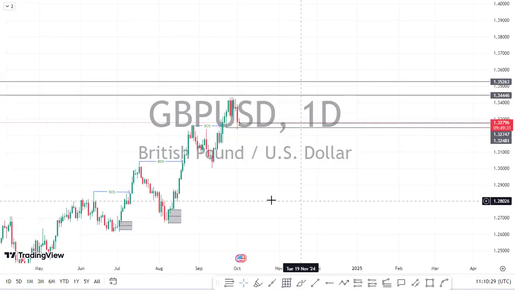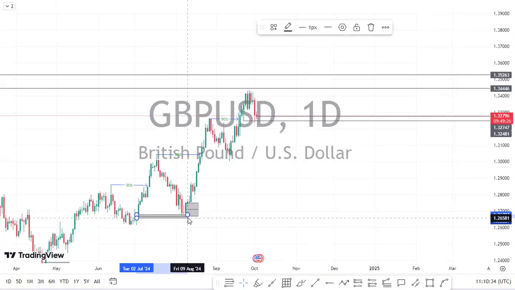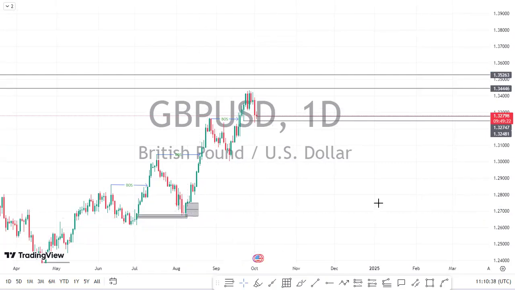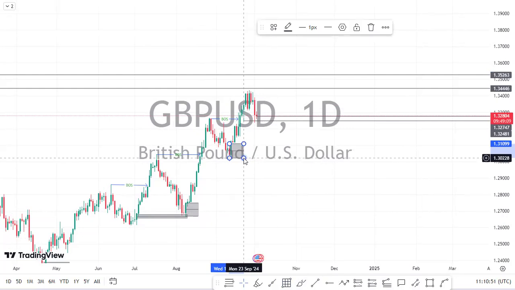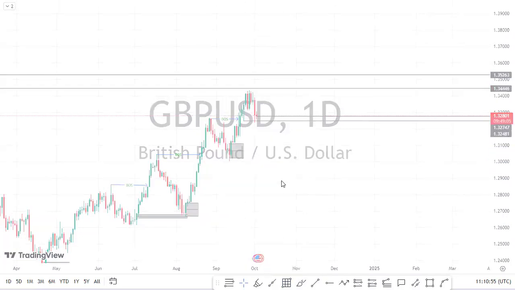This one is already done, but this one is unmitigated. Now we have another break of structure which led us to this other order block here, and that was mitigated also. So now that's the daily, and we now move to 4 hours.